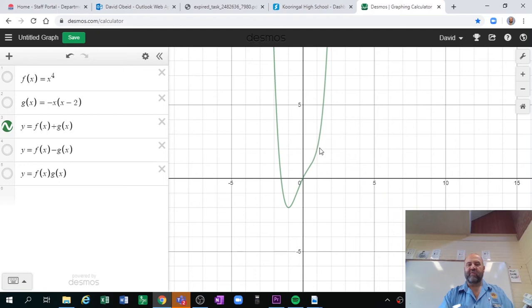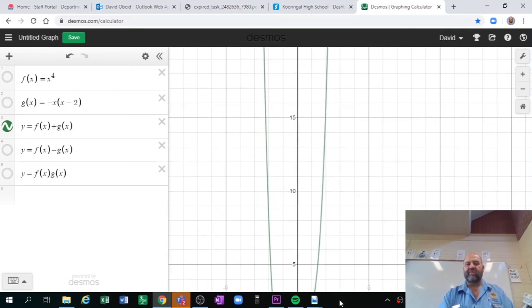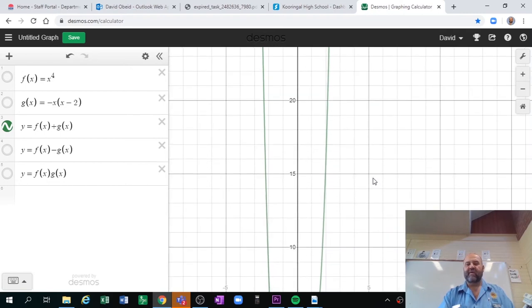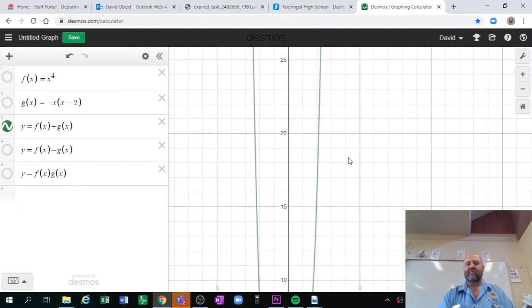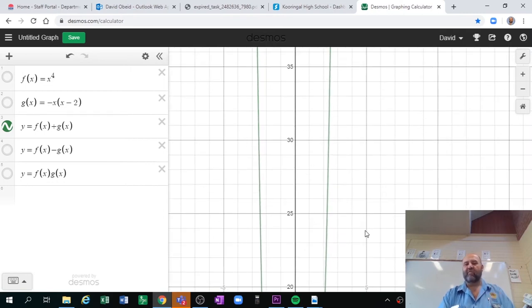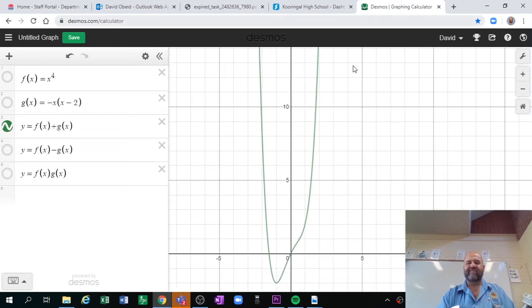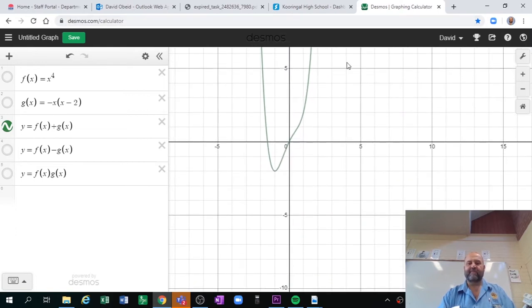After we got to 1, we started to increase the rate, and after we get to 2, let's pan up a little bit, it's imperceptible on the graph here, but the curve actually has a very slight decrease in the rate that it's changing. But eventually, x to the power of 4 so overwhelms that it pretty much takes over. So that's what our f of x plus g of x looks like.